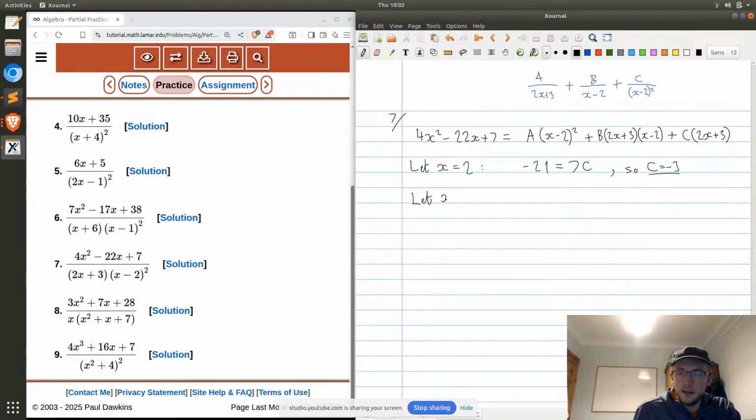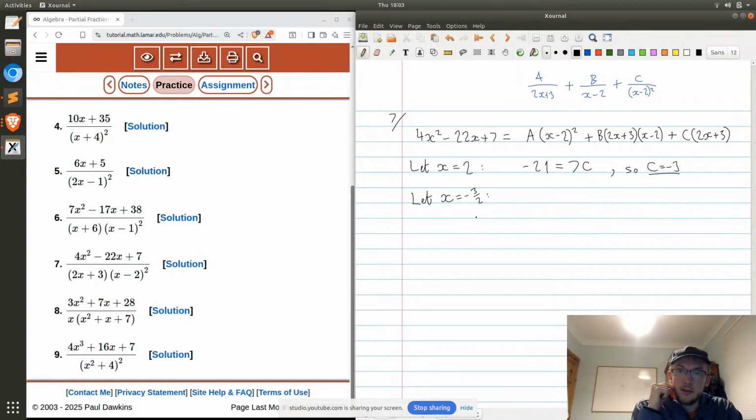Okay, so I guess the next thing I should try is to let x equal whatever causes this to disappear. And the answer to that is negative 3 over 2. So the second and third terms on the right-hand side vanish.